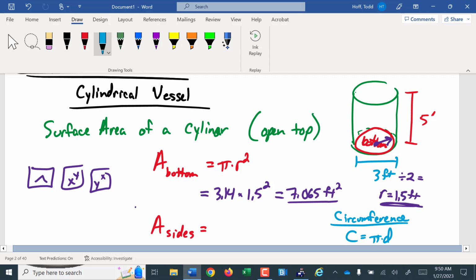So that pi times diameter is the length of the rectangle. The width is just going to be the height. So the area of the sides is pi times the diameter times the height.